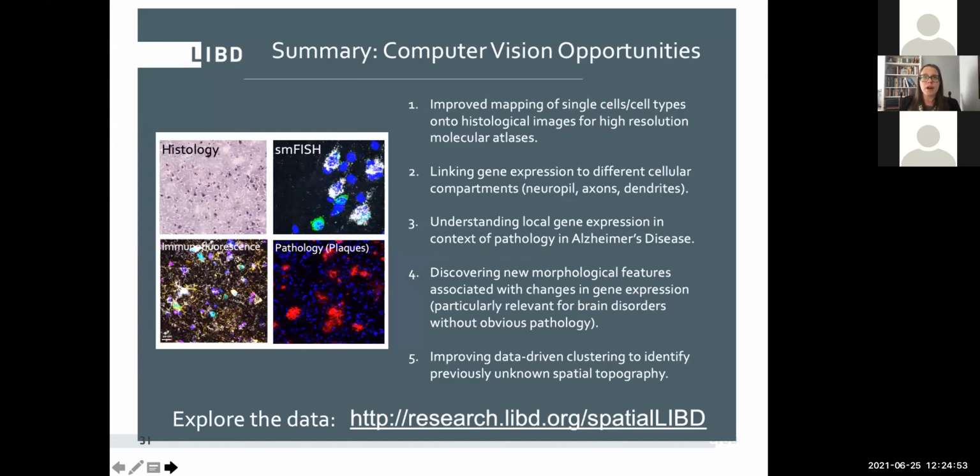To summarize, as I've been discussing our current and ongoing spatial transcriptomics work, I've tried to highlight how we can leverage the microscopy data generated in the Visium assay for integration with gene expression data.